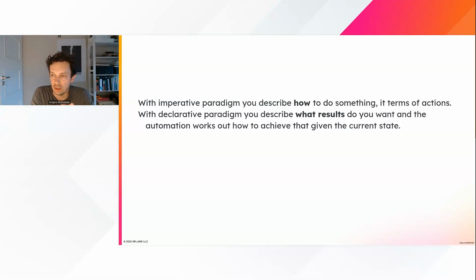So create a file, run a command, execute a command, perform an action. Declarative paradigm describes what results you want. And the automation, whatever it is, a language or tool like Terraform, is figuring out how to reach that end state.